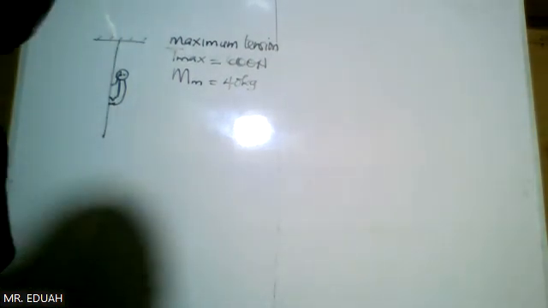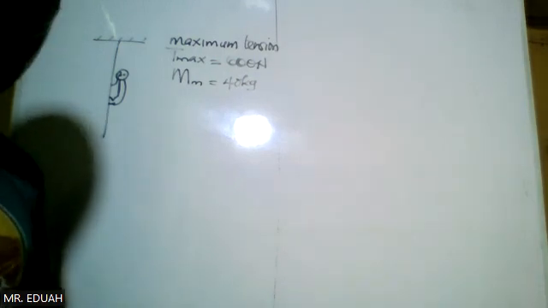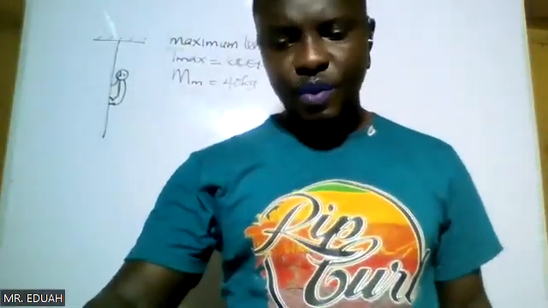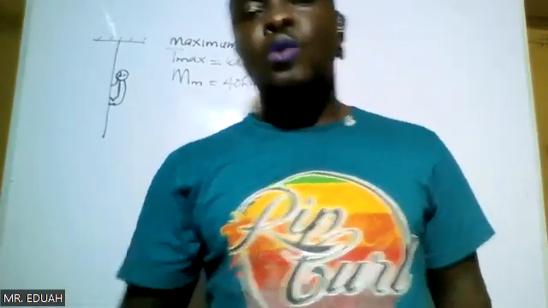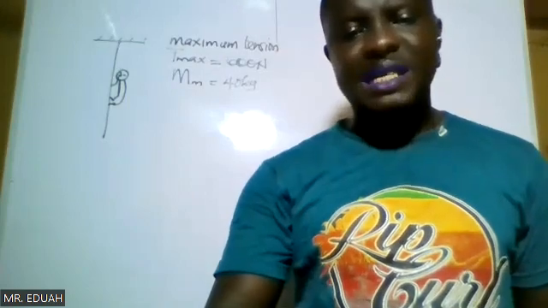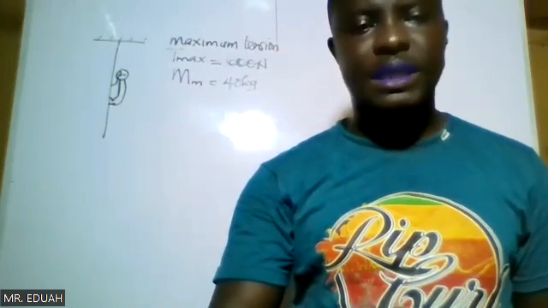Now, in the first situation, the monkey climbs up with an acceleration of 6 meters per second squared. Class, whenever there is an acceleration, every acceleration must be caused by what?